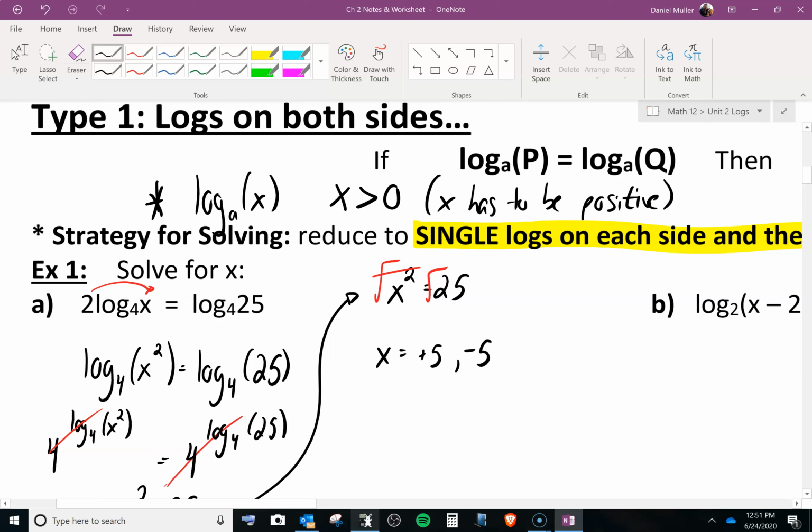That is always true. Whatever's inside here has to be positive. So if I take negative 5 and I put it in here, what do I get? Well, I get just negative 5, and I'm not allowed to have that. If I take positive 5 and I throw it in here, this thing becomes a positive 5. And so I have to reject this one. Therefore, you only actually have x is equal to 5.